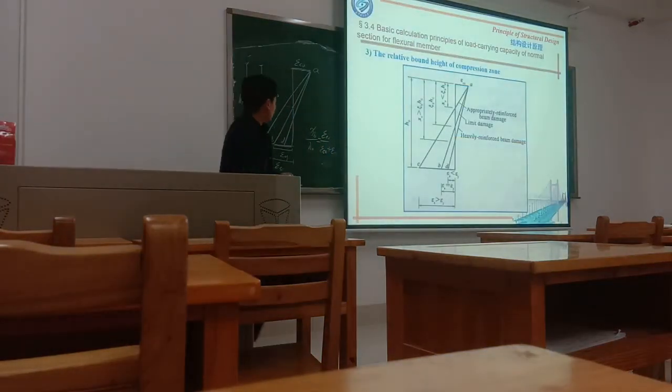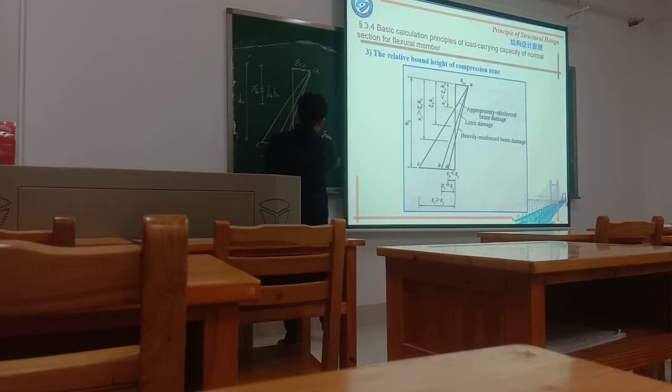H0 divided by XB equals ε_cu plus ε_y divided by ε_cu.